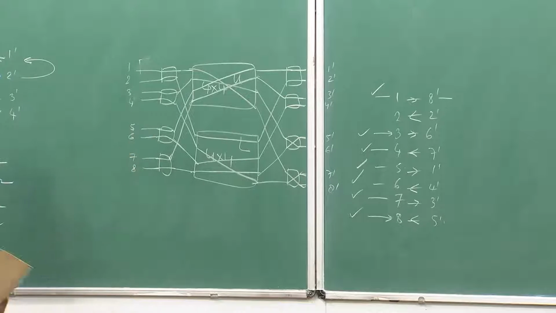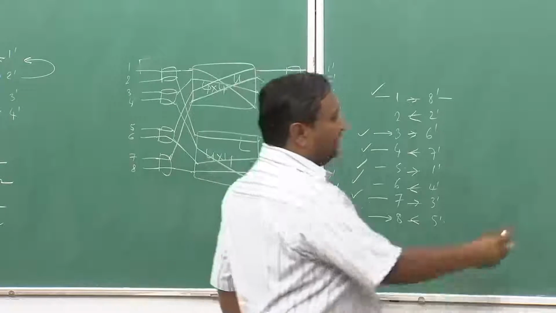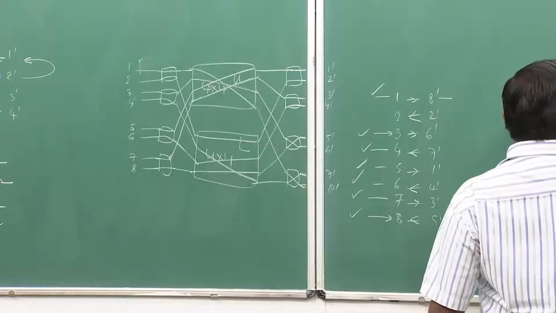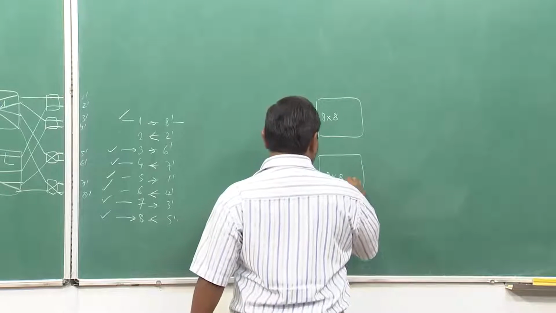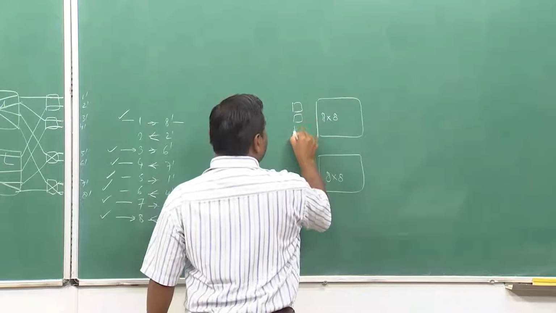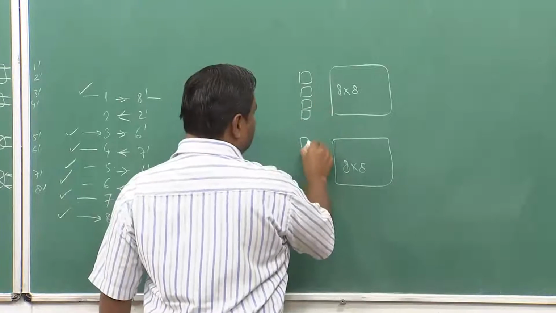I can make now using this 8 by 8 block, 2 8 by 8, and I can put 4 switches here, 4 switches here.